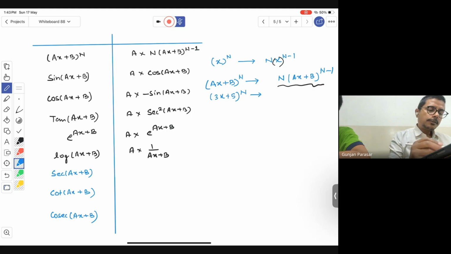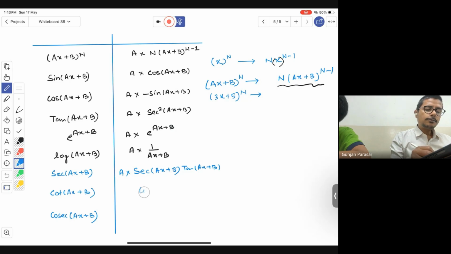So sec(ax + b) will be: sec x was sec x into tan x. So this will be sec(ax + b) into tan(ax + b). The extra thing is we multiply it with a. Cot x was minus cosec^2 x.